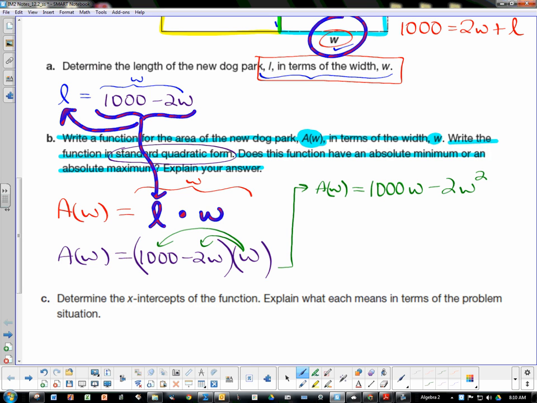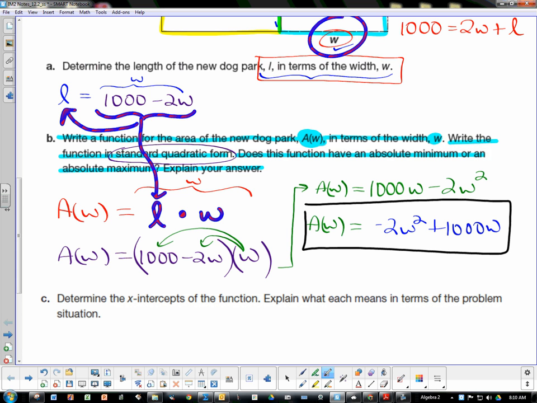Now, technically, this is not in standard form yet, right? So I'm just going to take this one and write it first. If I do write it first, should it be a negative or a positive? Negative, very good. So A of W is equal to negative 2W squared plus 1,000 W. Okay? There's your quadratic. Very important.